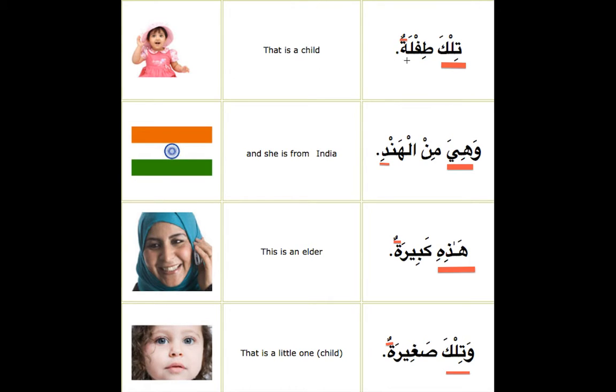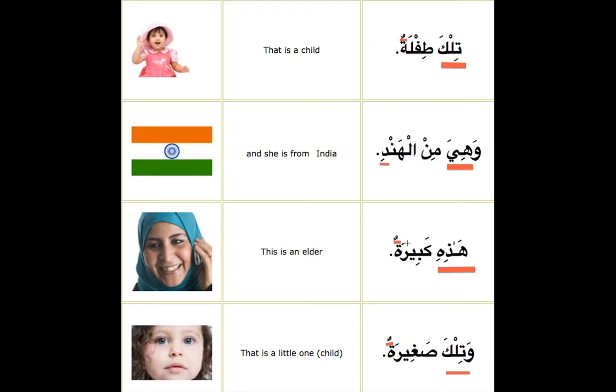Same concept here. Tilka, that is a child: tilka tiflatun. Tiflatun is a category, it's not the name of a lady, so we get double dhamma. Tilka tiflatun, that is a child. And she is from India: wahiya min al-Hind. And this is an elder: hadihi kabiratun.